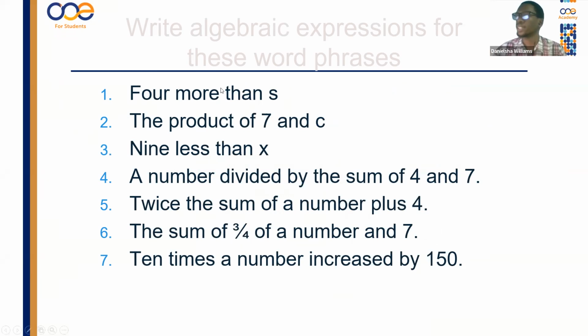However, since you're using a than, we switch the order in which the number and the variable occur. So we see that the number is first and then the variable. So when you're writing our expression, we write the variable first, which is S in this case, and then the operation, which is more than, which is plus, and then the number. So it would be S plus 4 for number 1.